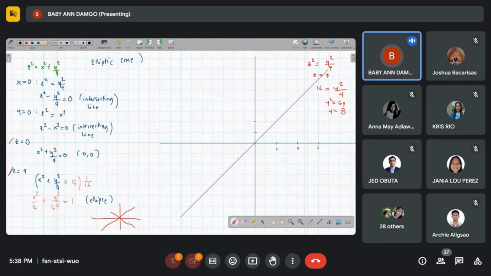This is 6. And then we have 8. And then we have a negative 2, negative 4. This is 2, 4, 6, 8. Okay, and then we have negative 2, negative 4, negative 6. So here for x, create ta og imaginary line. Same with this one.